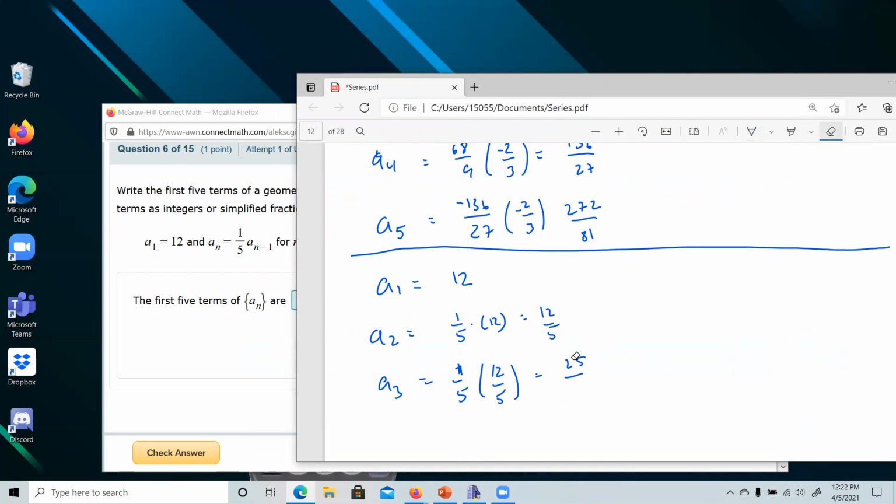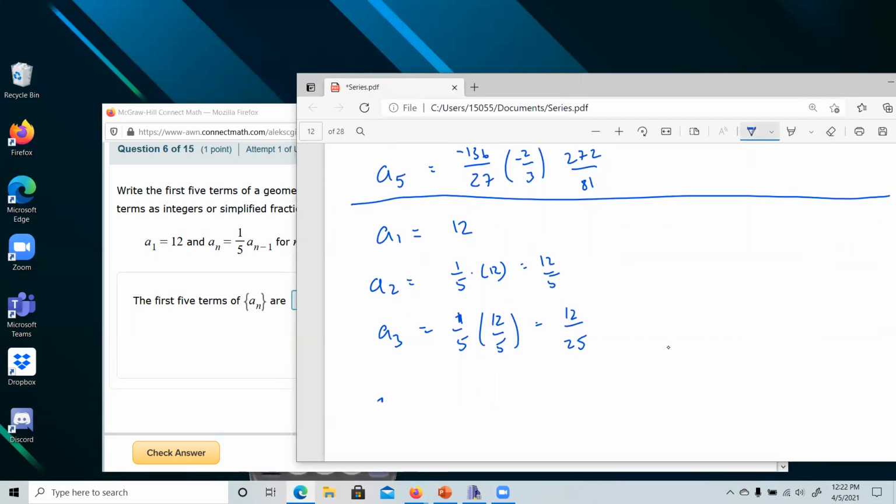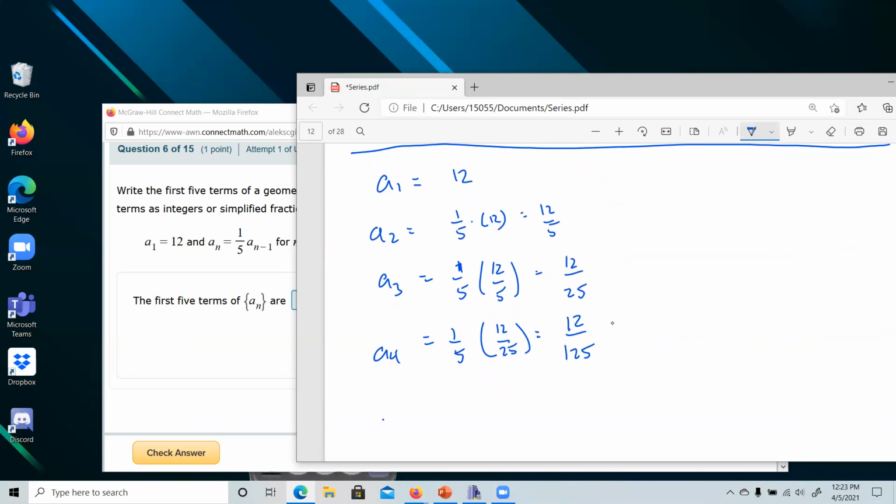Don't rush. 12 25ths. Okay, A4, right, is equal to 1/5 times the previous one. So that's 12 over 125. And finally, A5, the fifth term, is equal to 1/5 of 12 over 125, and that is 12 over 625.